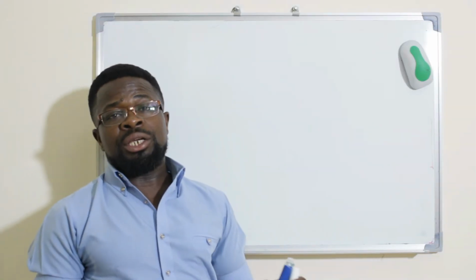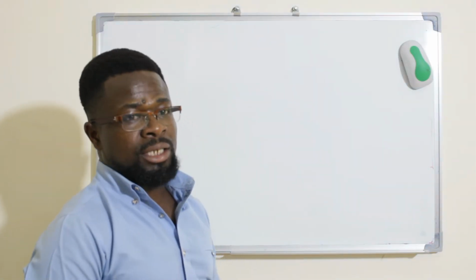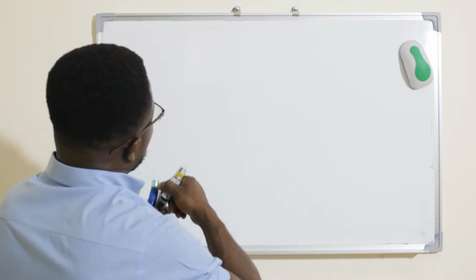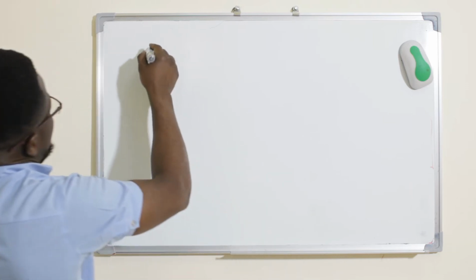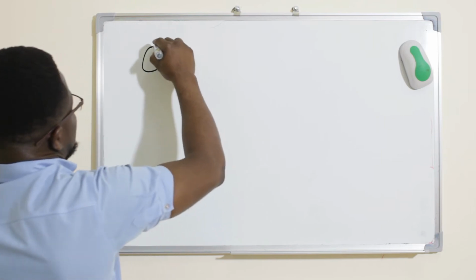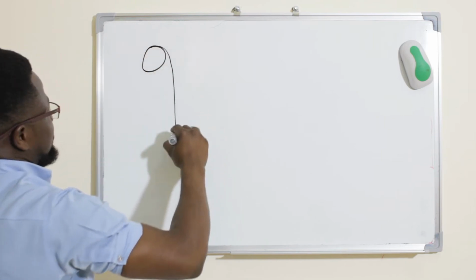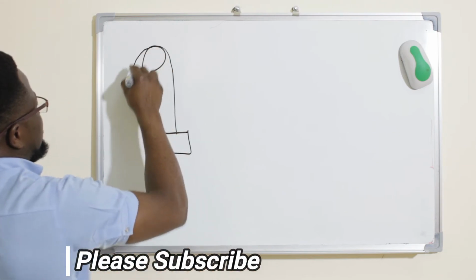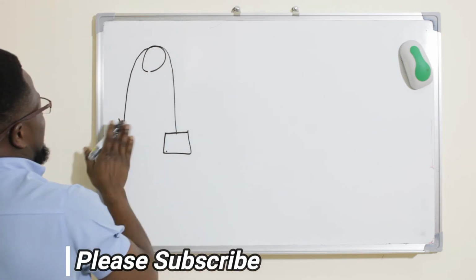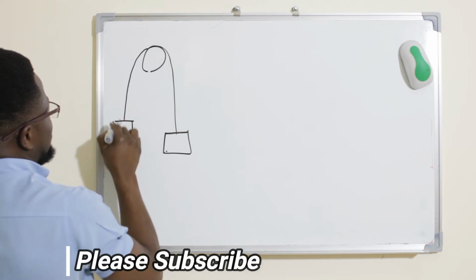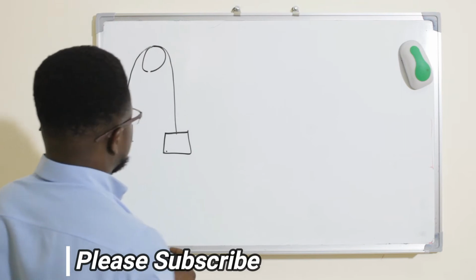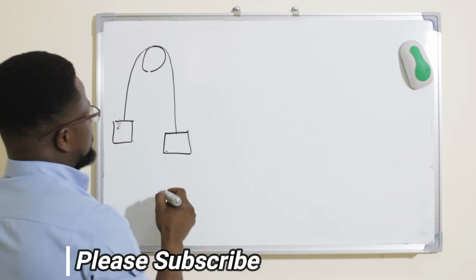So in this situation, as you can see, we are having two masses. As it is, there is a cord and there is another cord with a pulley in there. Right.